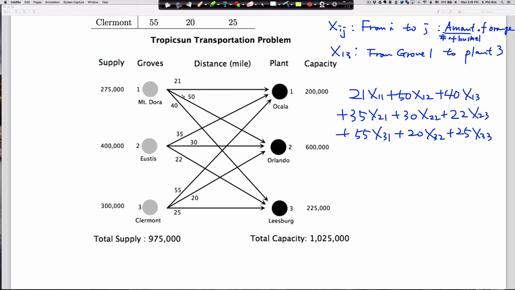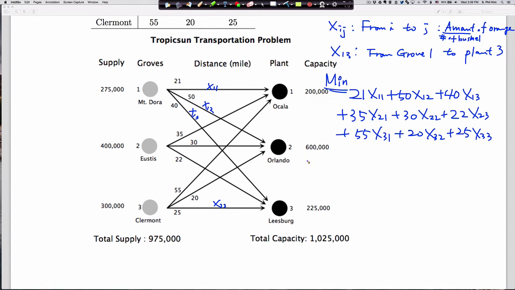So you will choose 9 numbers, right? This is x11, this is x12, this is x13, and so on. This will be x33. So we will decide all these 9 numbers, and this is your total transportation cost, and then I'm trying to minimize it. Now this is the minimization problem.